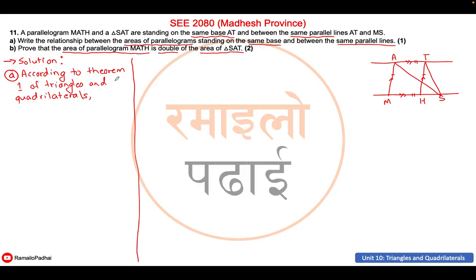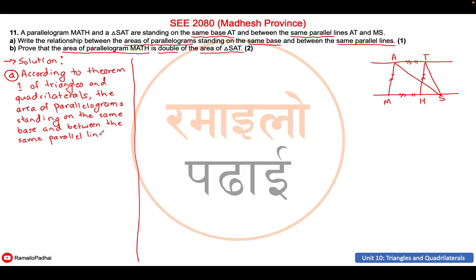So according to theorem 1 of triangles and quadrilaterals, the area of parallelograms standing on the same base and between the same parallel lines are equal. So this is about theorem 1 and about question number A.